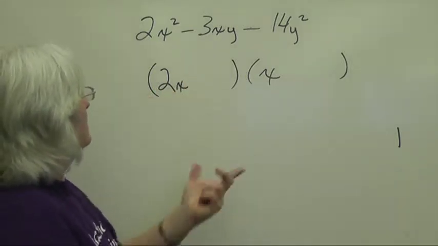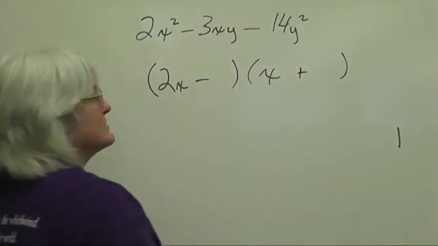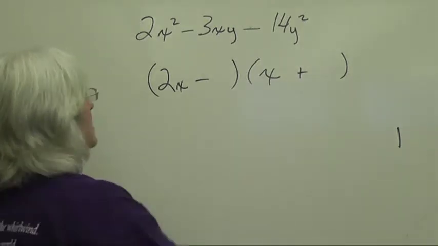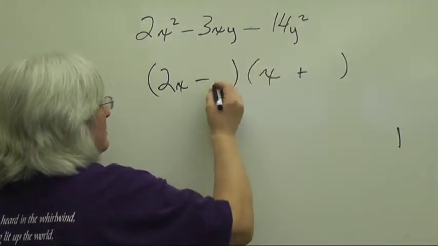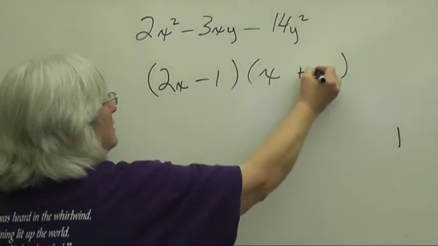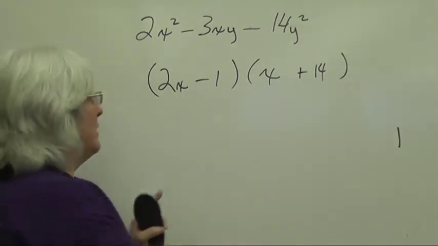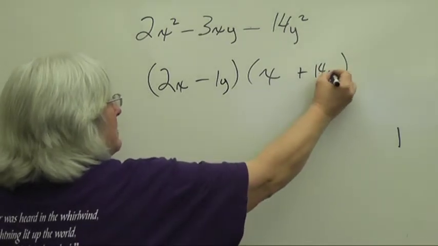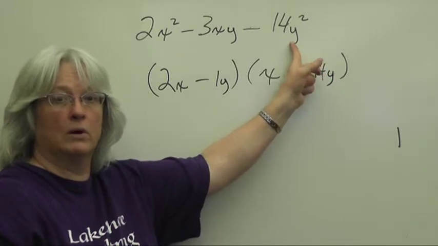Minus and plus. Let's see what happens if we use 1 and 14 for our factors of 14. We're going to have a y in there as well, so that when we have a negative y times a positive 14y, we end up with a negative 14y squared.